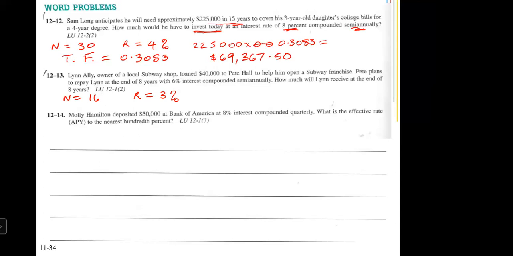What page is the future value table on? The table is on 305. That's $1.6047.